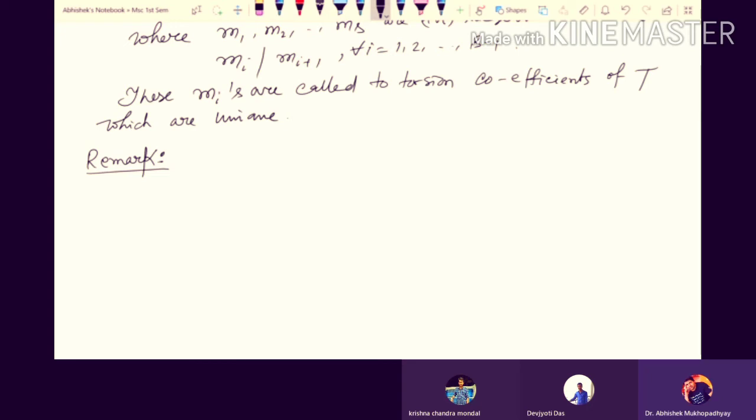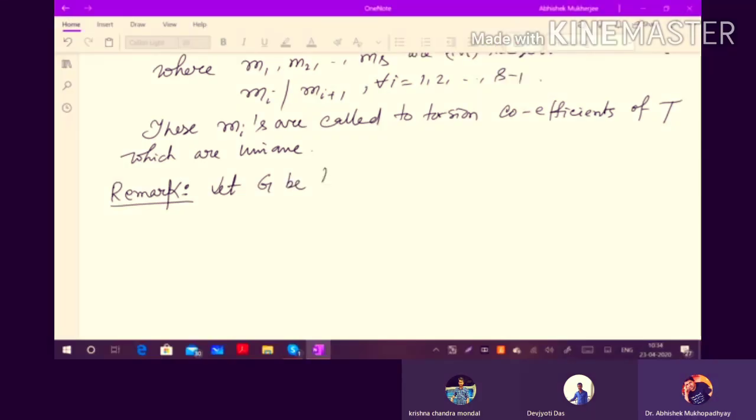So let us have an example, that is, let G be a finite abelian group having 360 elements.